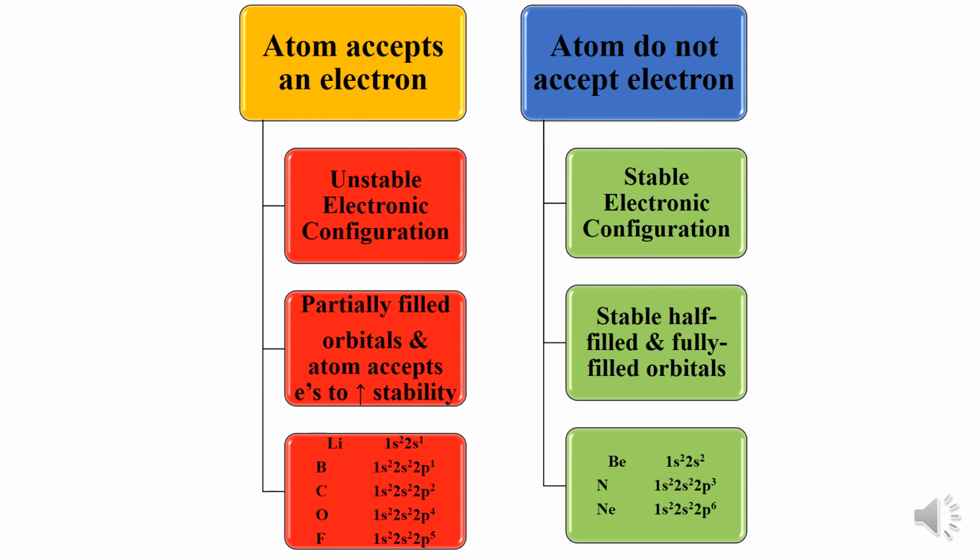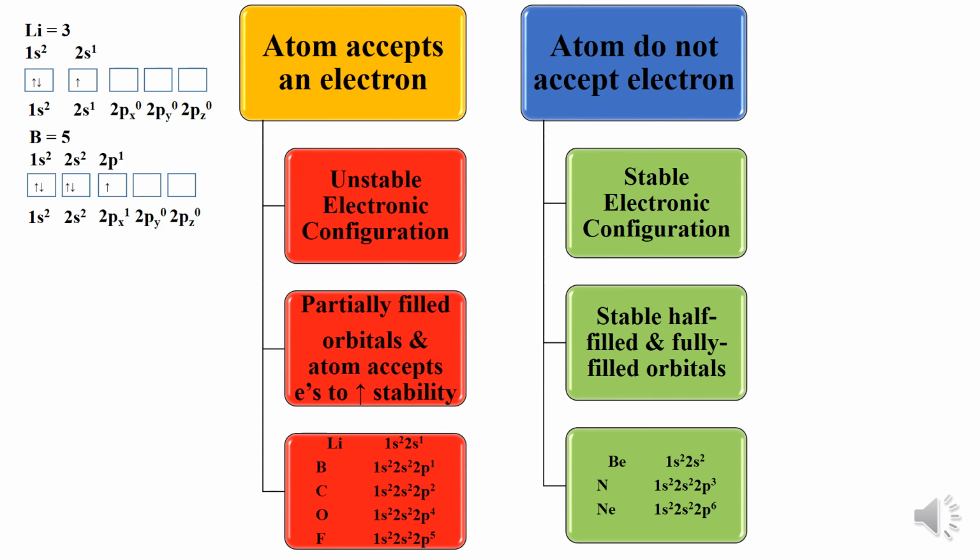So let us look at the orbital diagrams for the atoms with partially filled orbitals. Lithium atom, atomic number 3, you find the 2s orbital is partially filled. Boron, atomic number 5, the 2p subshell is partially filled.